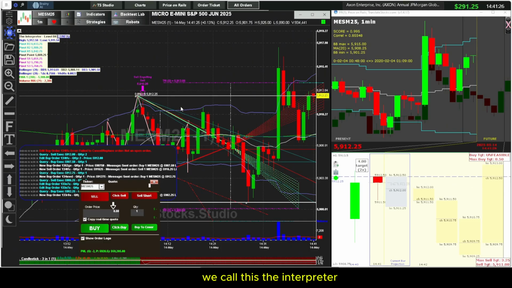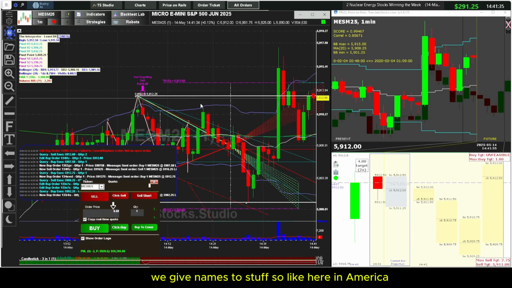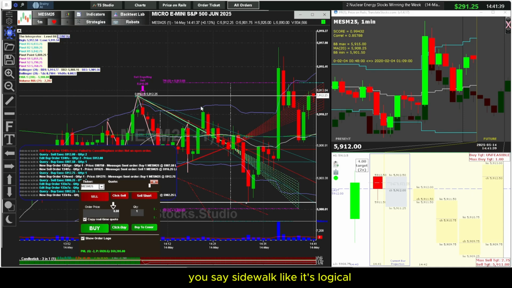We call this the interpreter. Like, you know, guys, that I'm Brazilian, and down there in Brazil, we give names to stuff. So like here in America, you say sidewalk. It's logical, it has some meaning, but in Portuguese, we give a proper name to this stuff.